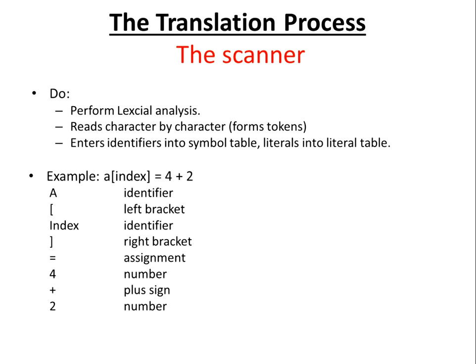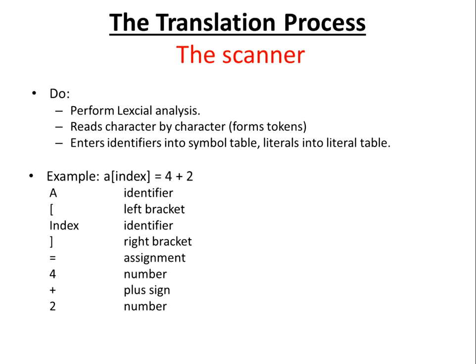So you have to distinguish between the token name or token type and the token value. For instance, for the first token in this line of code, you can check the textbook for more details. Its symbol or string is A, but its type is identifier.